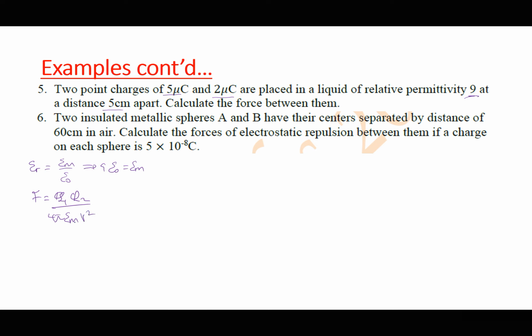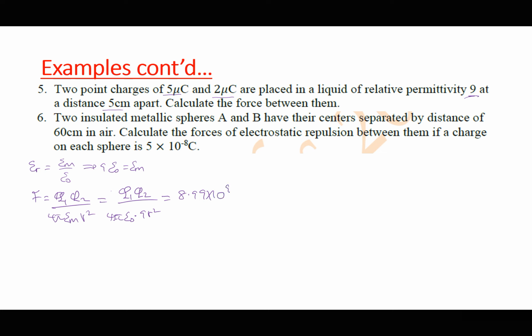But remember, epsilon m is 9 times epsilon naught, so this will be equal to Q1 times Q2 over 4 pi times epsilon naught, then times 9 r squared, because this is 9 epsilon naught, so I maintain epsilon naught, then I pull away the 9. Why am I doing that? It is because I know that 1 over 4 pi epsilon naught is 8.99 times 10 power 9.